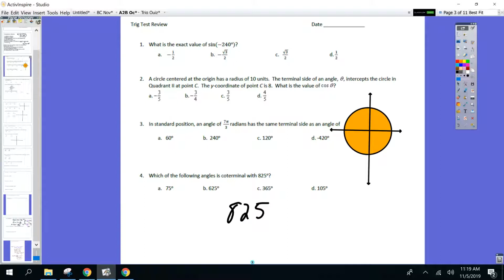Suggestions. I want to know what's the same angle. Lily, suggestion? Let's keep subtracting 360 until I hit one of my answers here. Do I hit it here? Nope, what's this one? 465, do it again. 105, yep. Coterminal means it's the same angle. Same angle, except I don't go around as much.